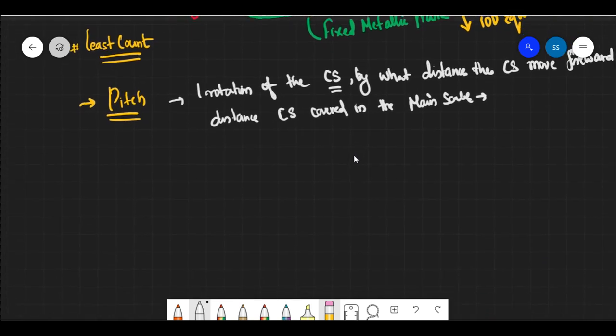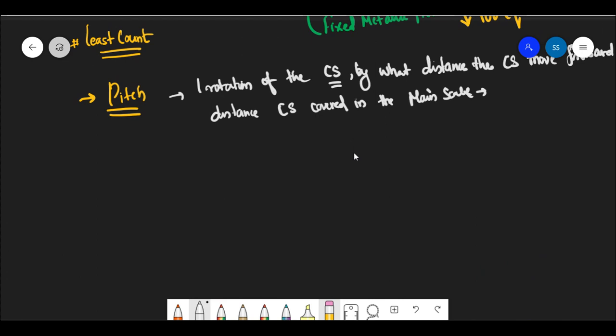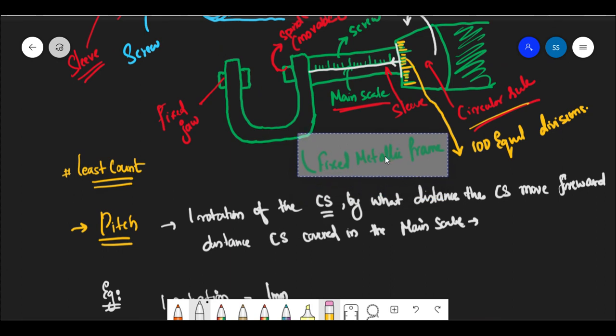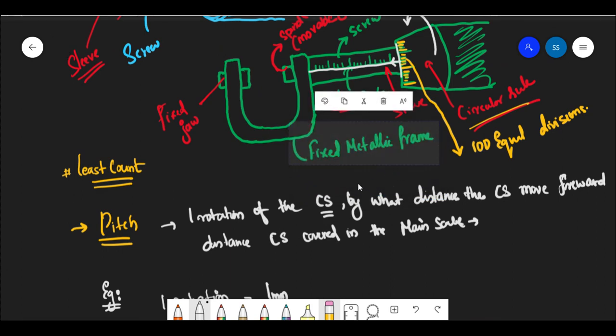I'm going to take an example so that you will understand it better. Let's say in one rotation of my circular scale, when I rotate it once, the distance it has moved is 1 mm. Let me explain that again. This is my circular scale.